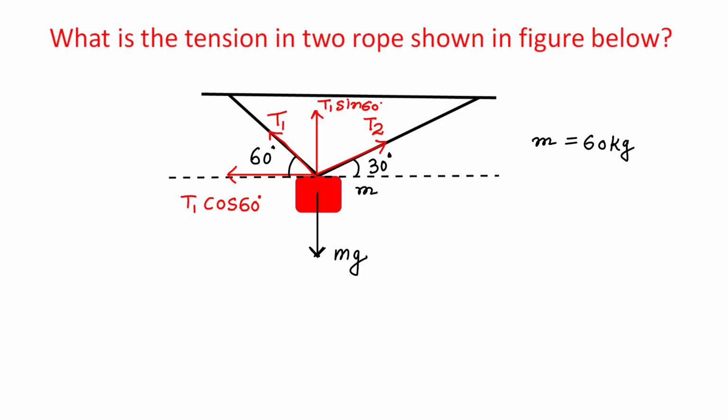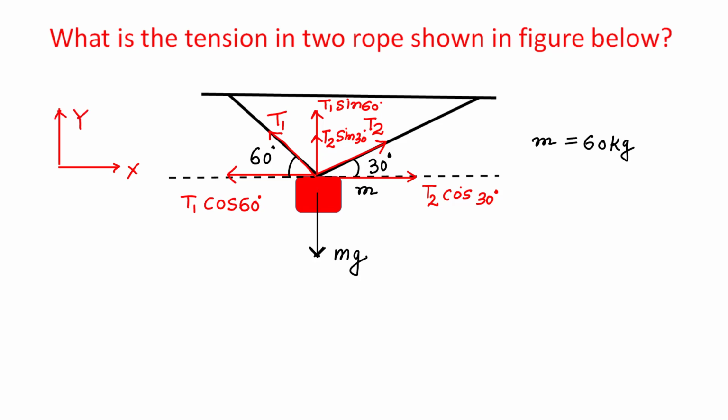Similarly T2 will have components: in this direction T2 cos 30, and in the vertical direction T2 sin 30 degree. So these are the components of forces. You can consider this as the x-axis and this as the y-axis.